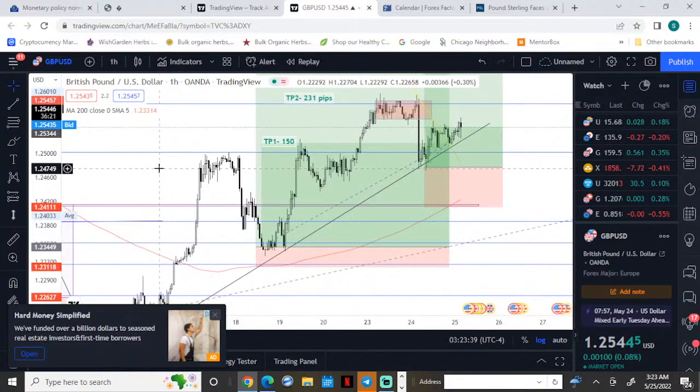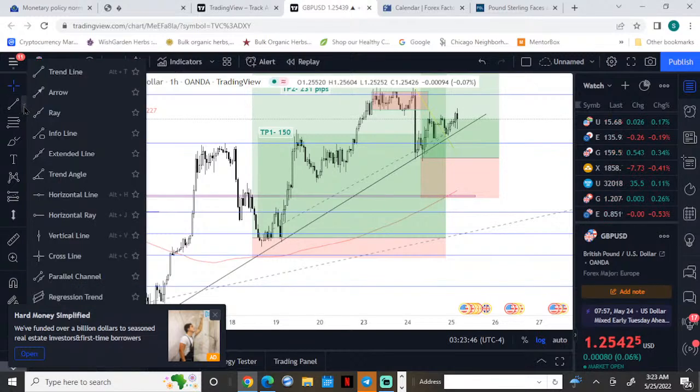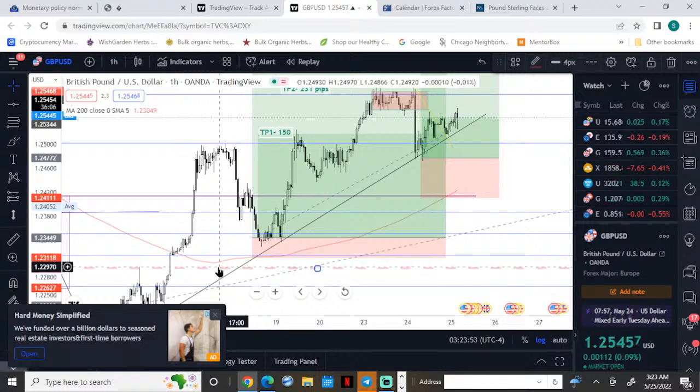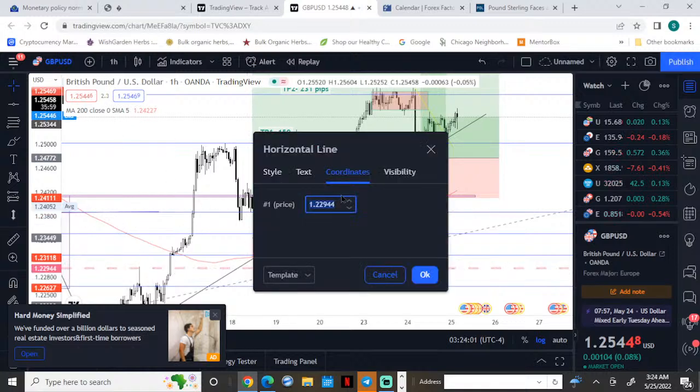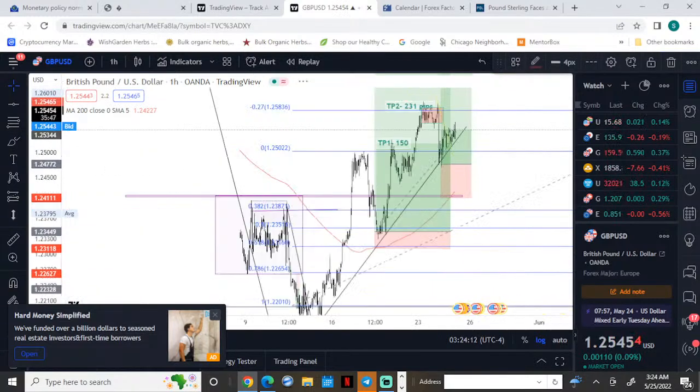All right, so we're gonna mark 1.20, which would be 1.2 thousand. And I'm just marking these levels with a horizontal line, this pink dotted line. So I just take my horizontal line and I just put it on the chart. Then I double click, go to coordinates, put all those zeros in. Ooh, now we can't even see it because it's so far down.